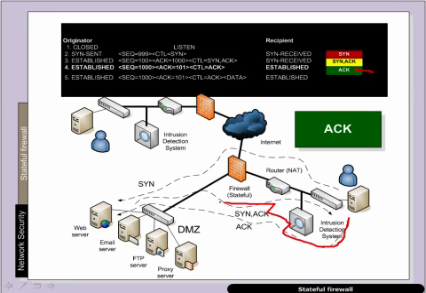The acknowledge goes back and the connection is now made. The key thing is that they will have negotiated the ports that they're going to use. So on the server side, it might be port 80, and on the client side, it might be port 1024.